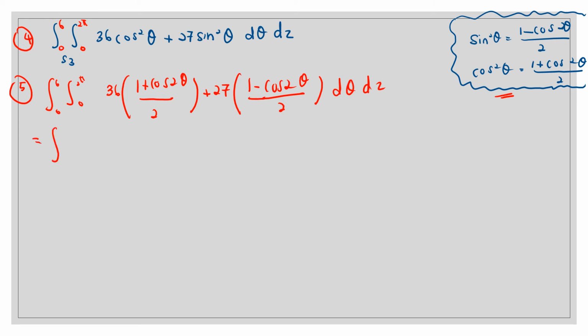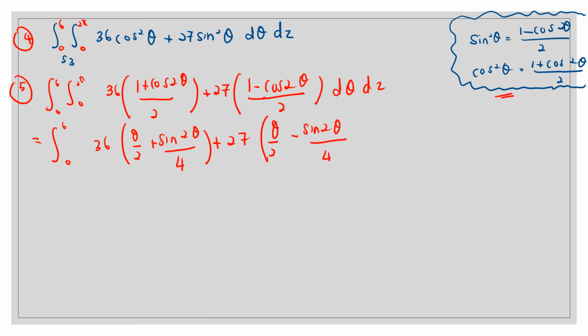So when you integrate with respect to d theta, you will get 36 times (theta over 2 plus sine 2 theta over 4) plus 27 times (theta over 2 minus sine 2 theta over 4), from 0 to 2 pi, dz.